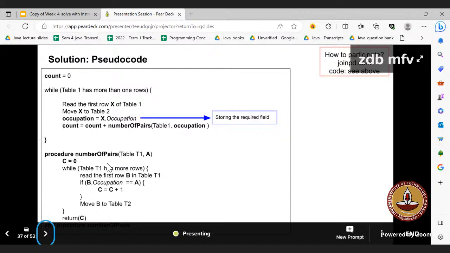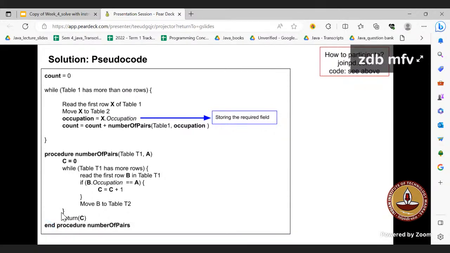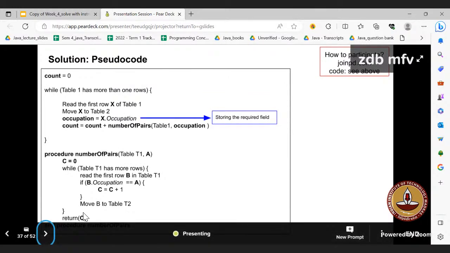Ma'am, we could also have done that without using procedures. Yes, you could also have done that without using any procedure. Whatever is inside the procedure can be kept here itself. So if we write one among these, either the pseudocode or the procedure, is it enough, ma'am? Is it formal?